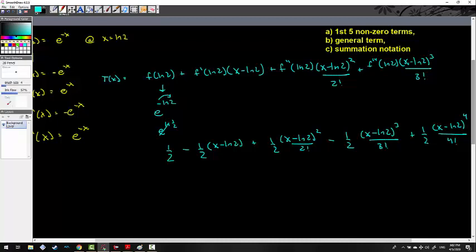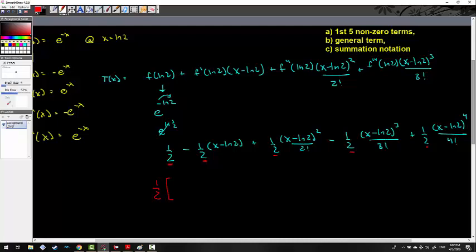So off the cuff, I can tell you right now, something that is really distracting is all of these extra 1/2s that are everywhere. So since every term is suspected to have a 1/2, I will go and factor that 1/2 out.